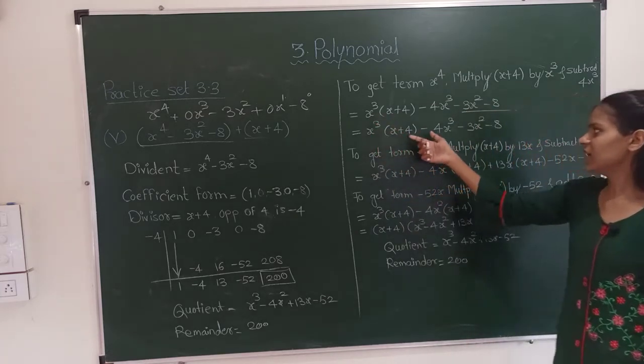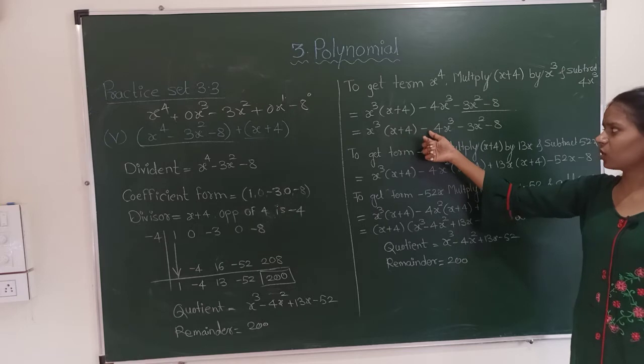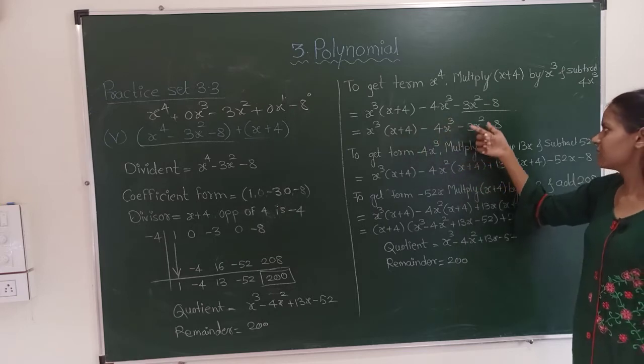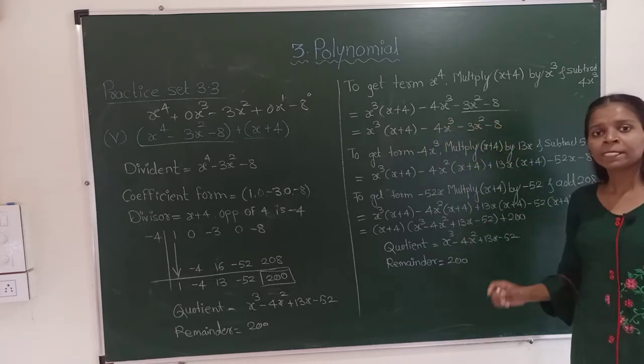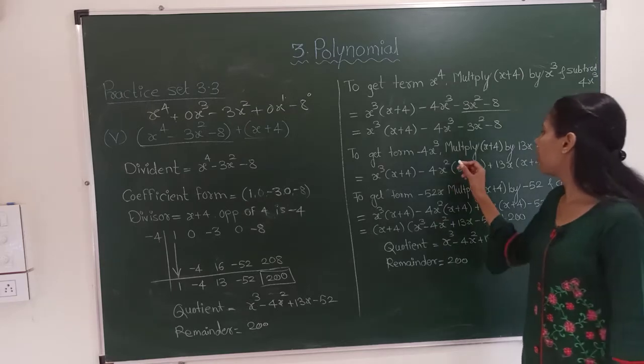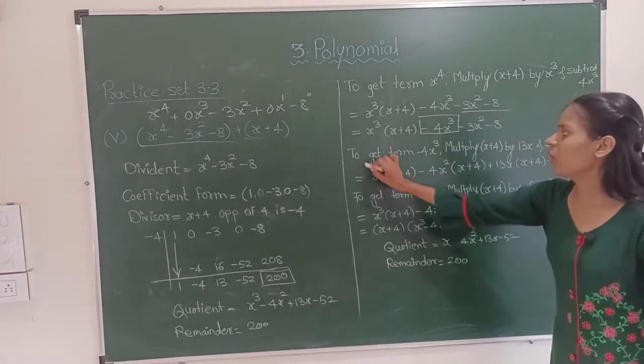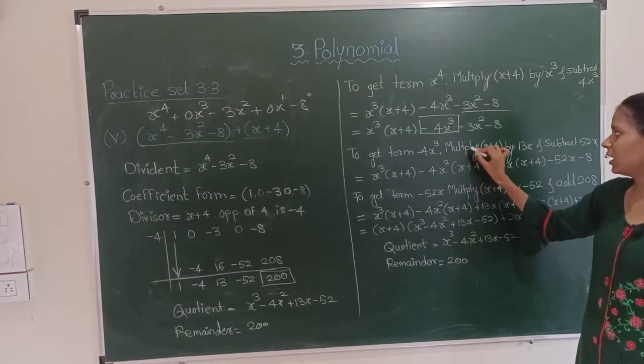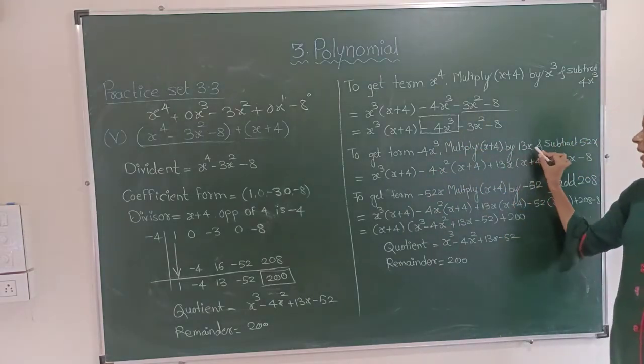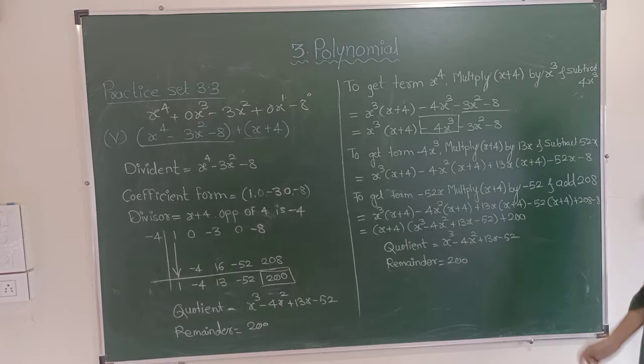Now x raised to 3 into x plus 4, minus 4x raised to 3, minus 3x raised to 2, minus 8. So now the term is minus 4x raised to 3. To get minus 4x raised to 3, multiply x plus 4 by 13x and subtract 52x.